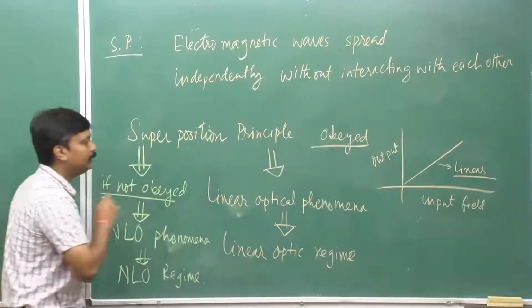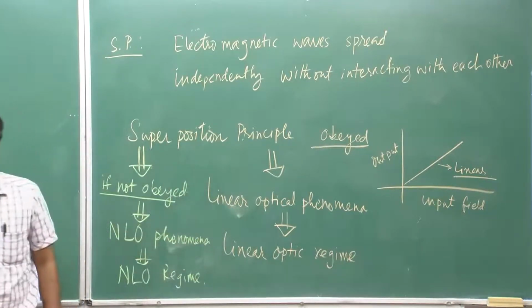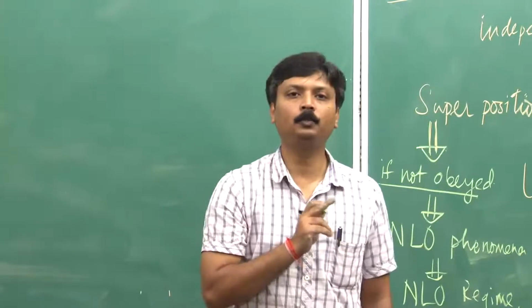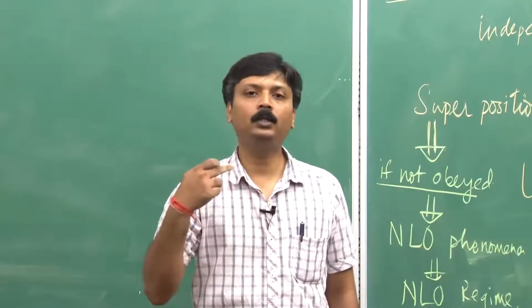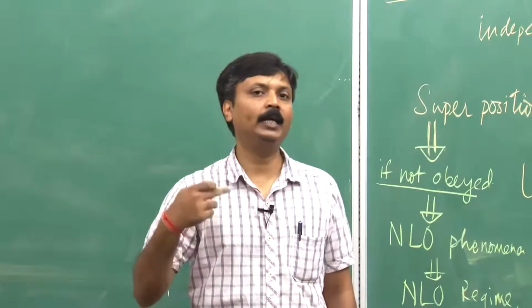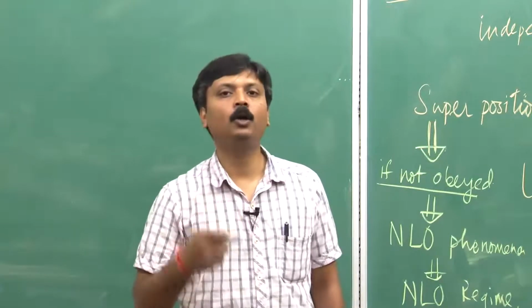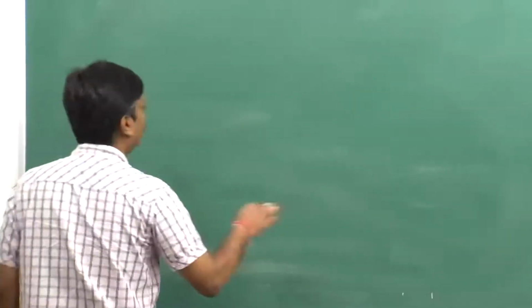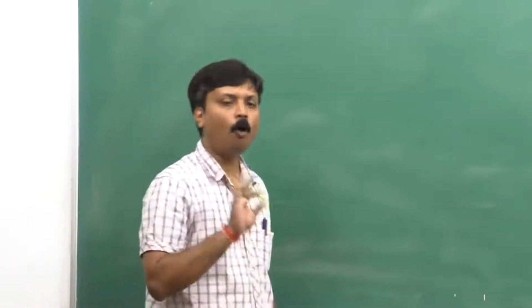We can easily understand, just by comparing with my earlier discussion of linear optics, that in this case, when it does not obey the superposition principle, obviously different waves can interact. So, they can be mixed together, and that is exactly the basis of nonlinear optics. We will see in a while.